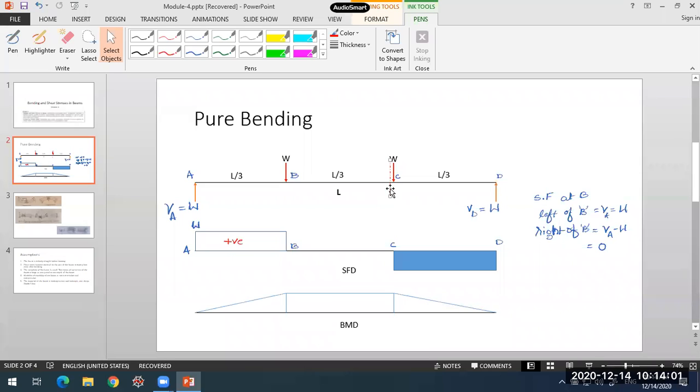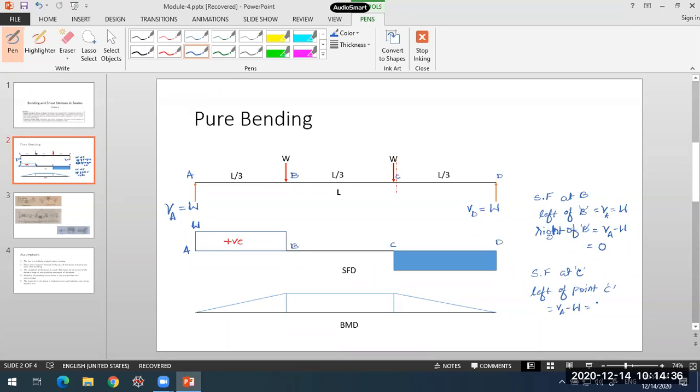Now if we move ahead of C, that is when we cross this concentrated load at C, what happens to the shear force? If we calculate the shear force at point C, taking the left of C, it will be equal to VA minus W itself.